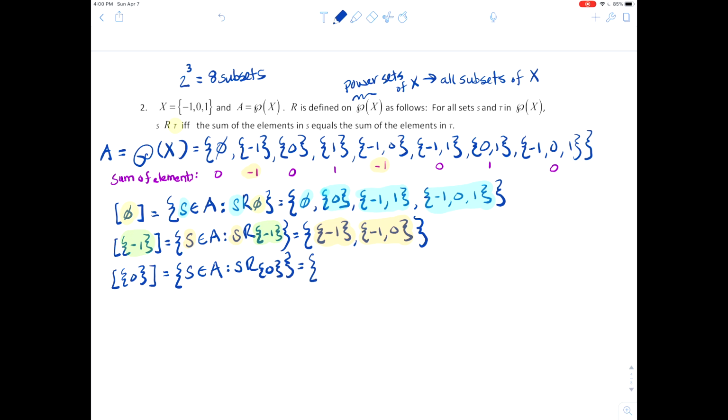So now do you see it's going to be the same inputs as we had for the empty set, because those sets all sum to 0. So we'll have the empty set, the set {0}, the set {-1, 1}, and the set {-1, 0, 1}. So far, the class of the empty set is equal to the class of {0}.